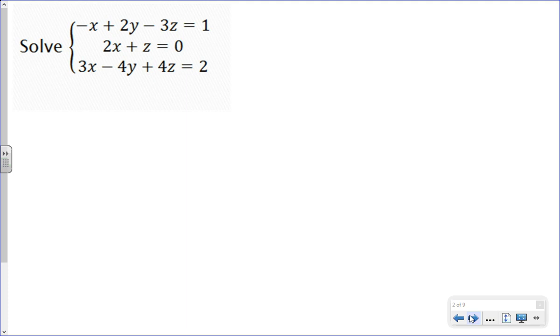So let's first talk about the determinant of the coefficient matrix. If we were to create a matrix out of just the coefficients, what would our first row be? Good.